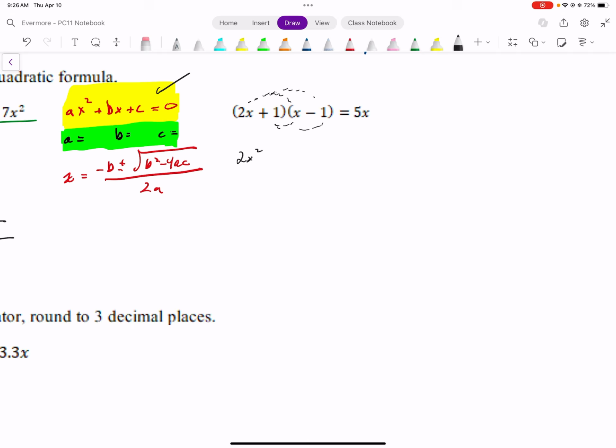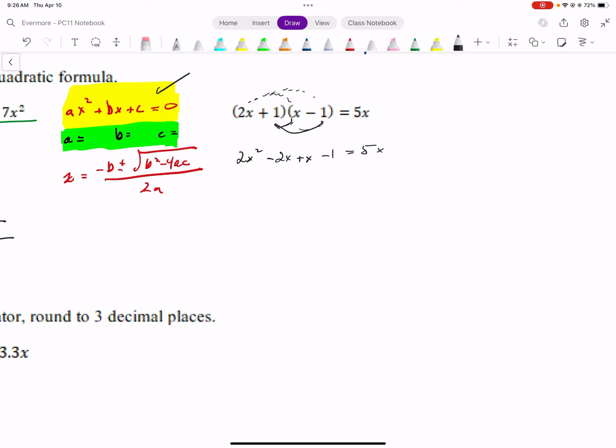That would be 2x times x is 2x squared. 2x times negative 1 is negative 2x. 1 times x is x, and 1 times negative 1 is negative 1, is equal to 5x, and we're almost there.